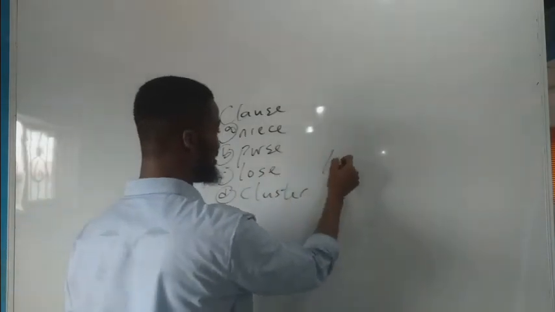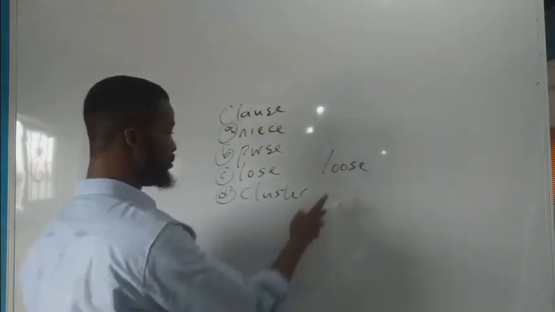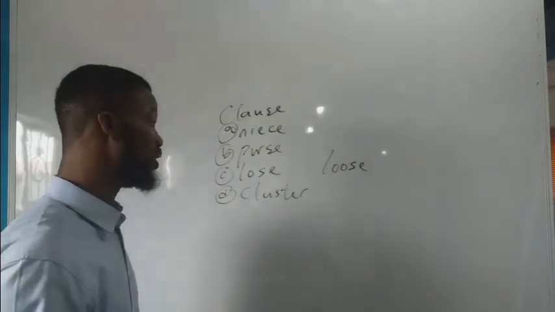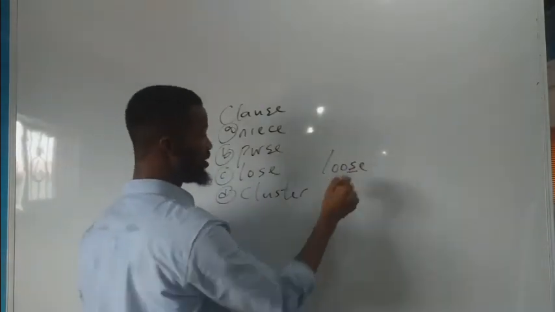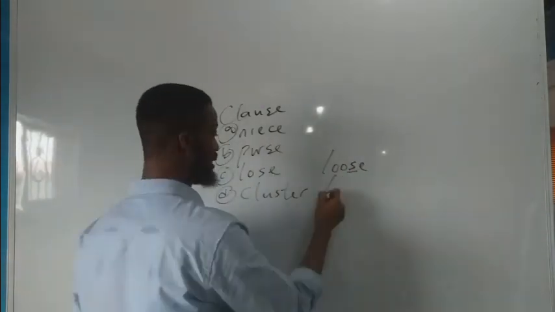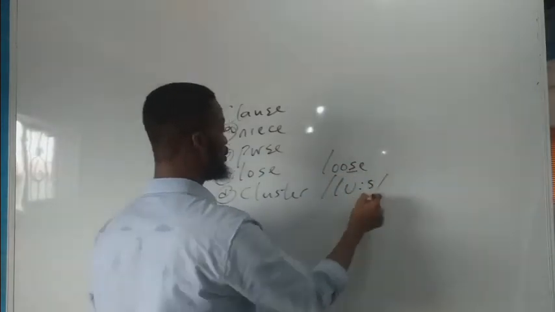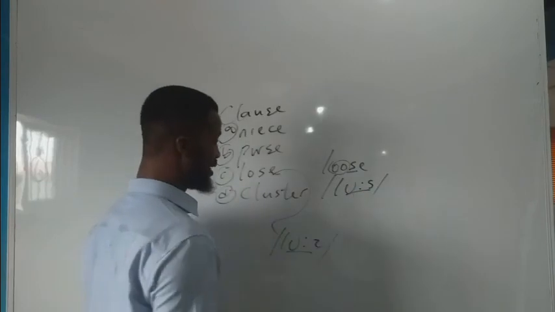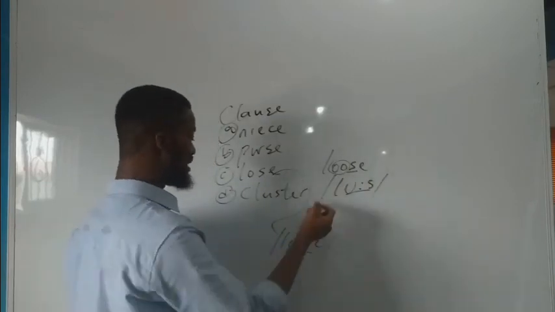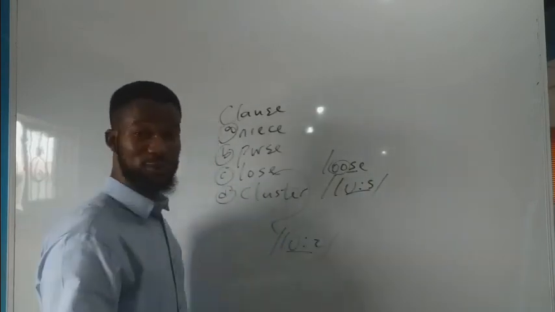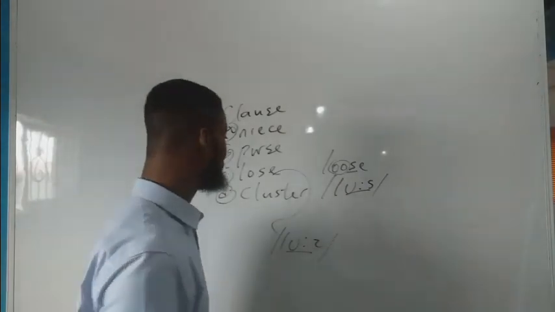It has another one that looks like this. One is double, one is single. You need to watch out. The one with double is pronounced as S, like it's called loose. While the one with just one S is pronounced lose, because it's still a long O sound. The difference is that this one is S and this one is Z. They are different in pronunciation and also different in meaning.